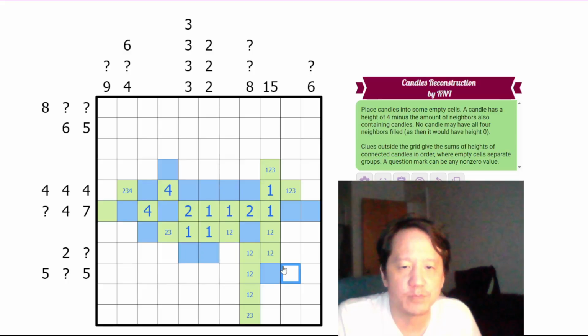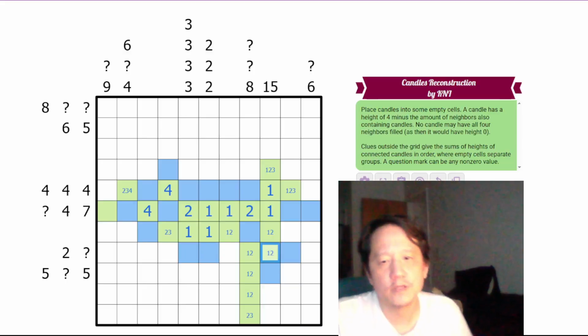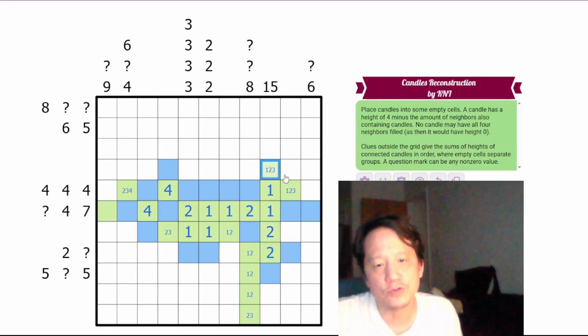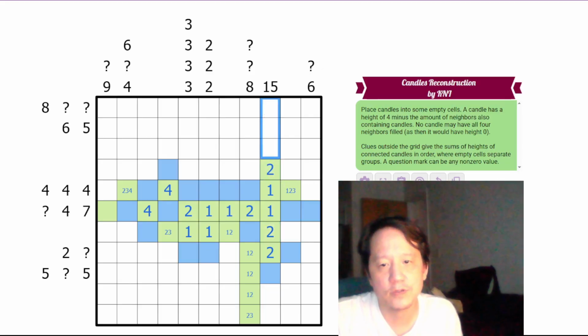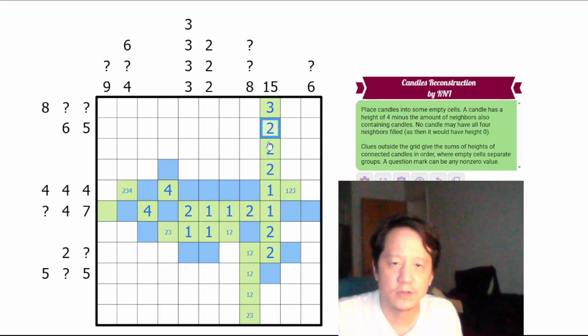So if this is blue, this would be blue. Then you'd have 2, 2, 2. This would have to be 2, 2, and 3 to add up to 15. 5. This is 2, 4, 6, 8, 10.